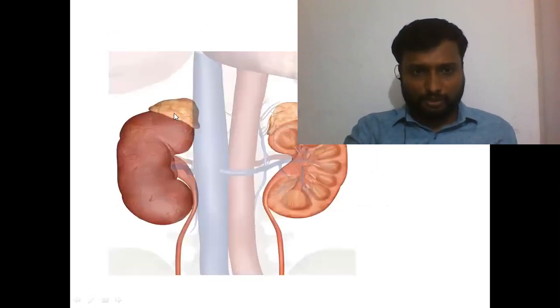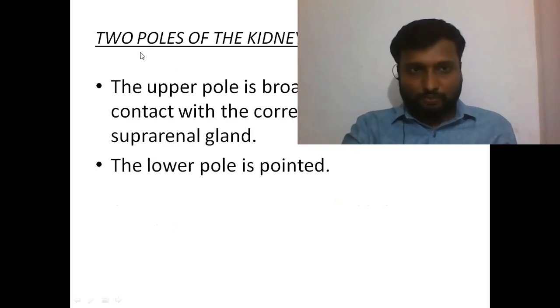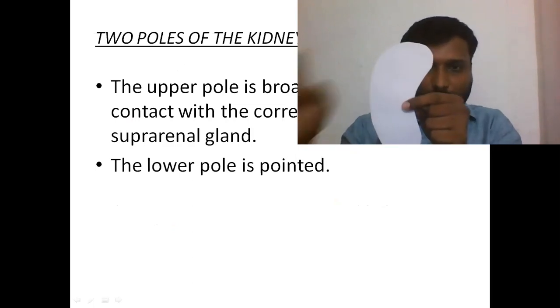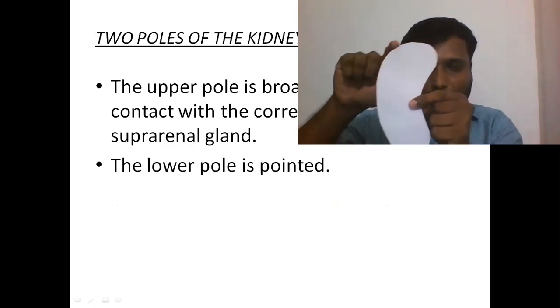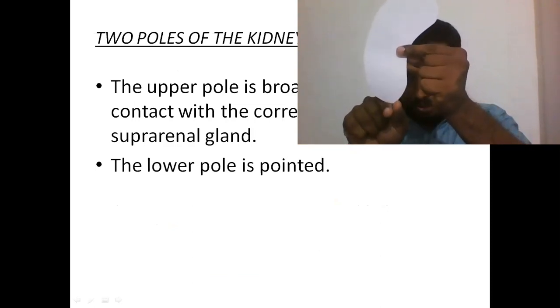See here in this image, this is the upper pole, lower pole, lateral border, medial border, and the anterior surface. Now we'll see the features of these points. First, two poles, upper pole and lower pole. I already told you. The upper pole is comparatively broader and the lower pole is pointed.